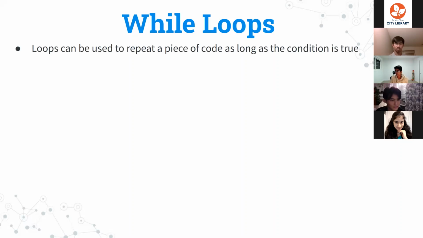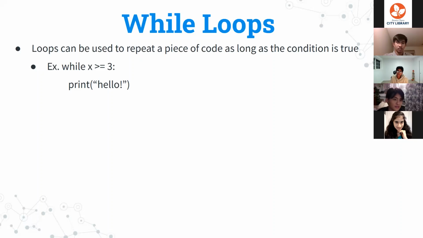Okay, so let's move on to while loops. So loops in general can be used to reiterate or repeat through a section of code as long as the condition is true or not met. For example, if I had a variable x and a condition that says, as long as x is not greater than or equal to 3, I'm going to keep printing hello.